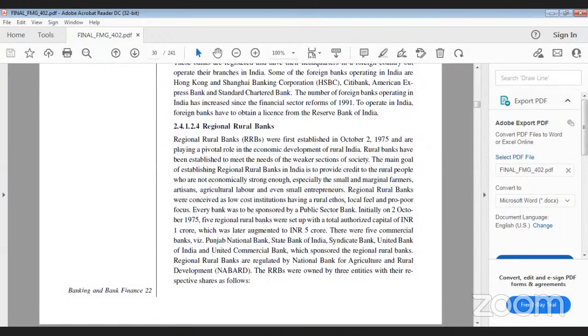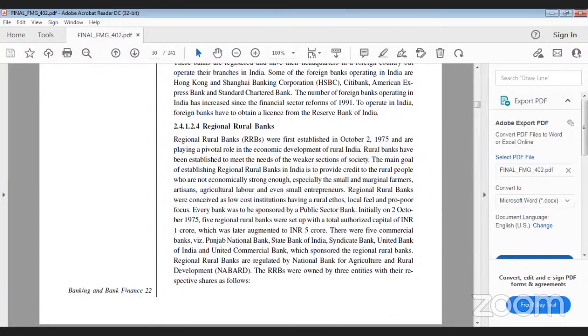Regional Rural Banks. Regional Rural Banks were first established on October 2, 1975 and are playing a vital role in the economic development of rural India. The rural banks have been established to meet the needs of the weaker sections of society.